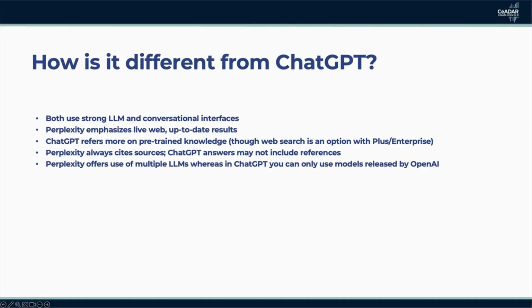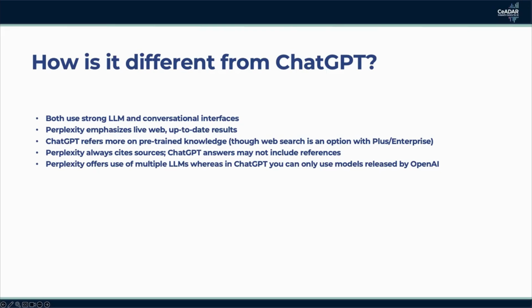So all the models are released by OpenAI. But with Perplexity, on the other hand, you get more flexibility. You can choose multiple models, for example Sonnet, Llama, ChatGPT's models, or Claude as well. And that gives us the freedom to choose the model that best fits our specific use case.